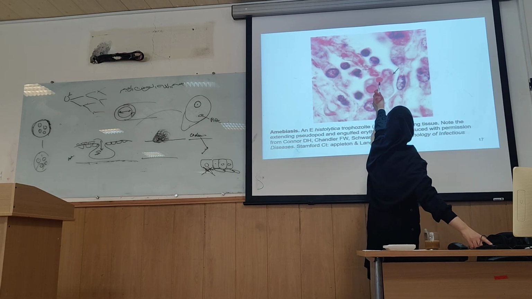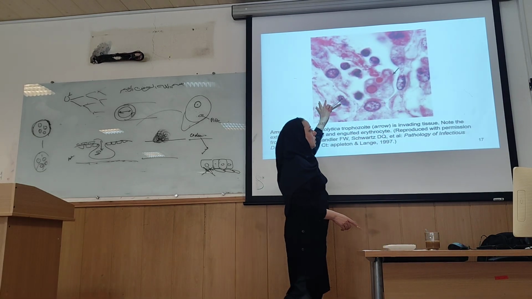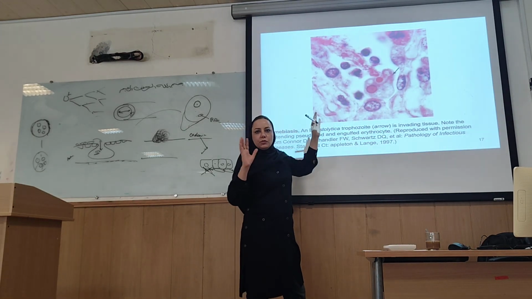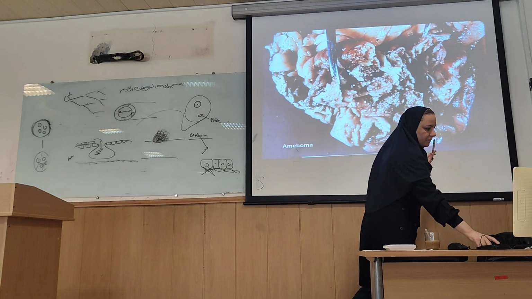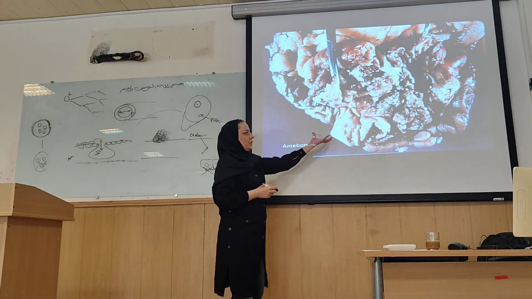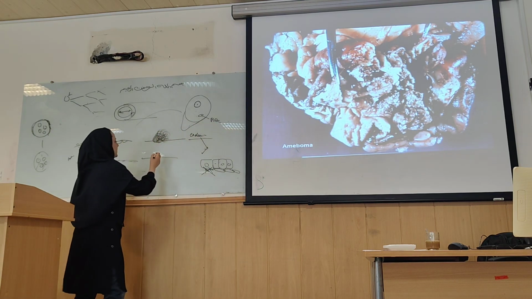You see, and this is the RBC that they phagocytose. They can phagocytose all of our epithelial cells and tissue, not just RBC. This is granulation in the histolytica.